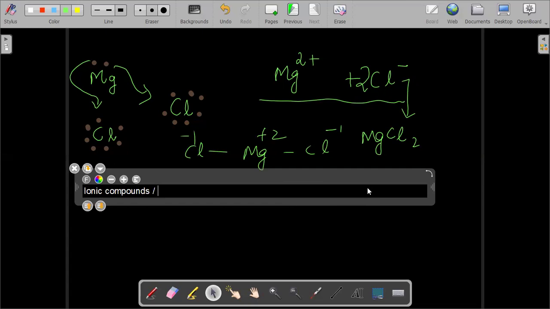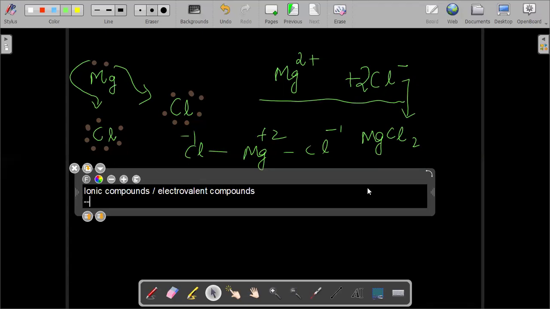They have high melting and boiling points. Ionic compounds are also called electrovalent compounds, and they have high melting and boiling points.